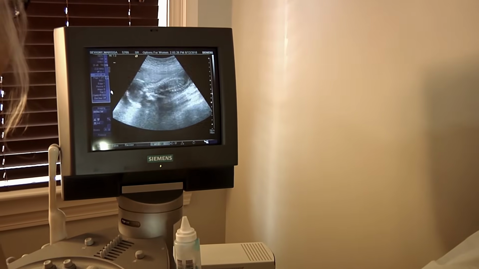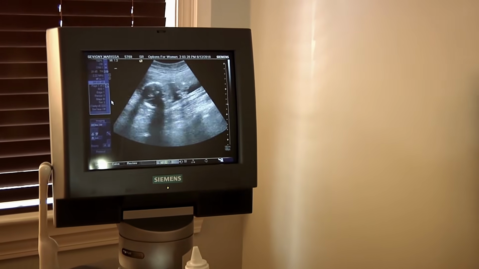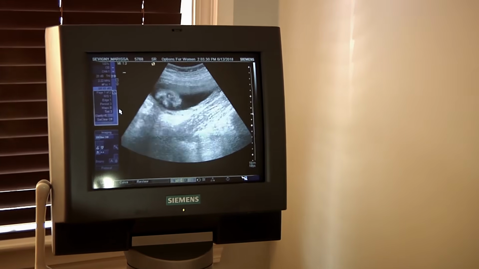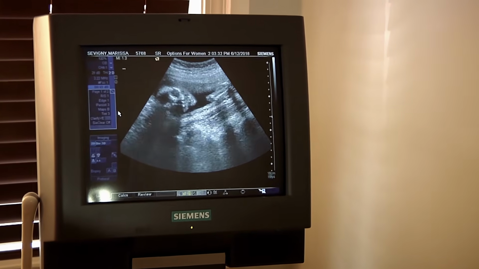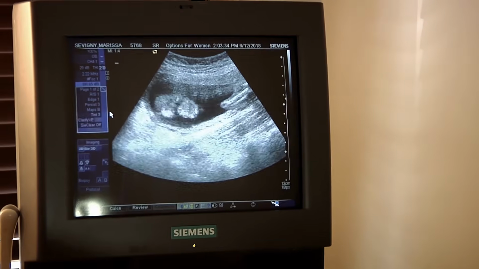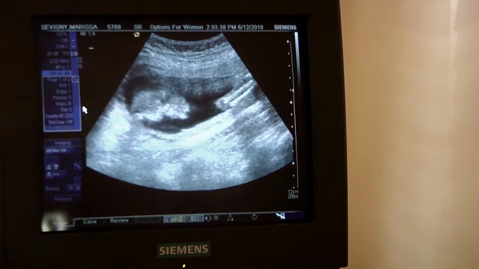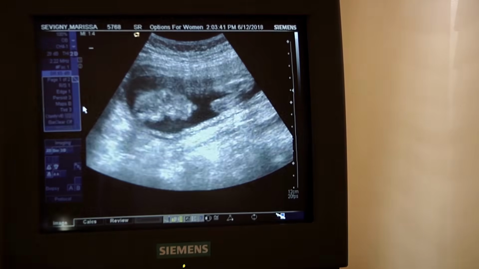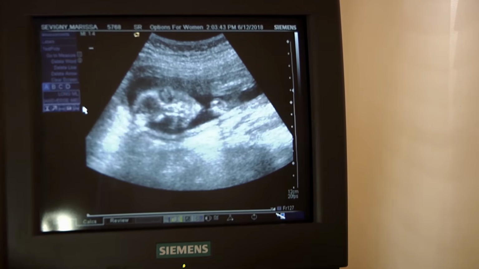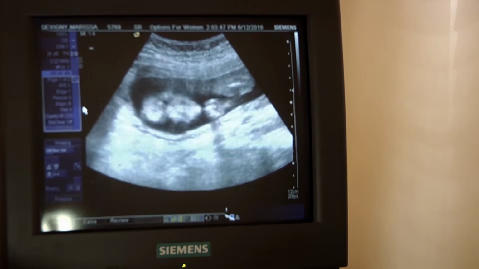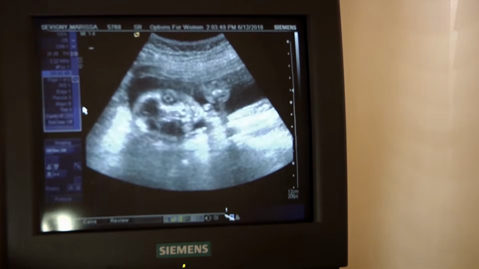Let's see if I get a cute one of his face. Now he's looking down. There's his face. I'll bring up. That's a cute face. There's his hand by his face, itching his chin.